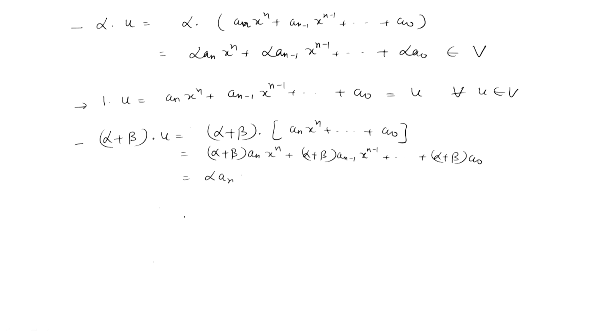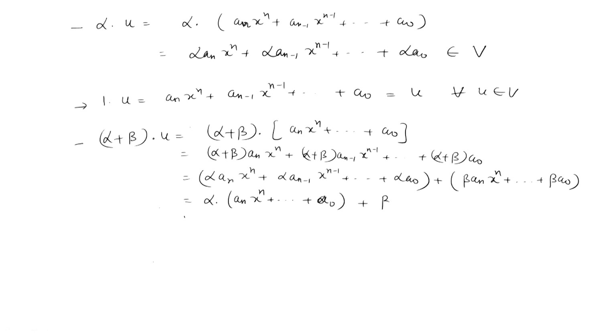Then they can be split into 2: alpha a n minus 1 into x raised to power n minus 1 and so on alpha a naught, plus beta a n x raised to power n and so on beta a naught, and this can be written as alpha dot with a n x raised to power n and so on a naught plus beta dot with a n x raised to power n and so on a naught.